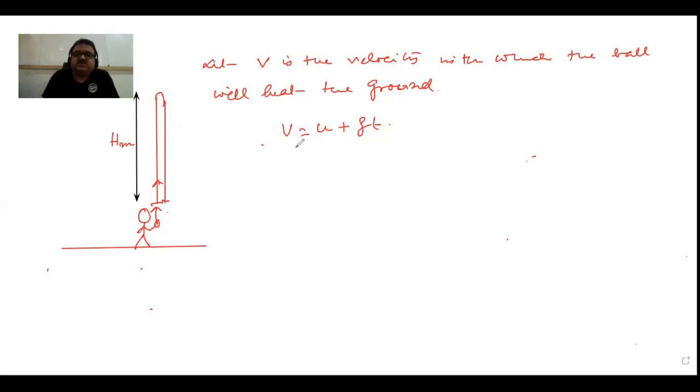Correct? So I'm writing v as it is. Since u is directed vertically up, it is obviously positive, and this is not g, this is a. And what is a? We know that is minus g. And what is t in this case? The time taken to move from here and come back again, that is the time of flight, which is nothing but 2u by g.